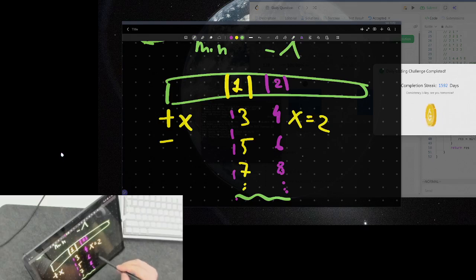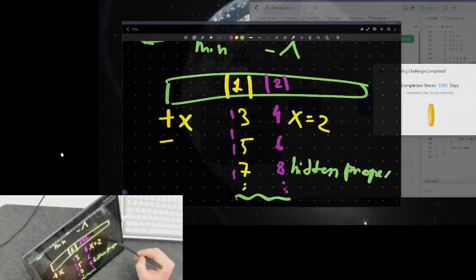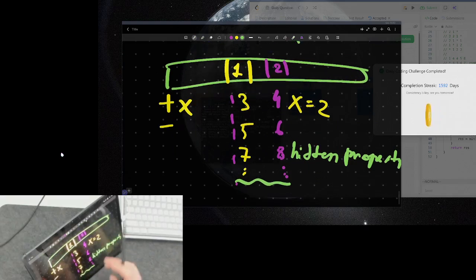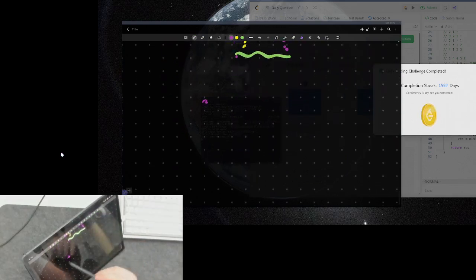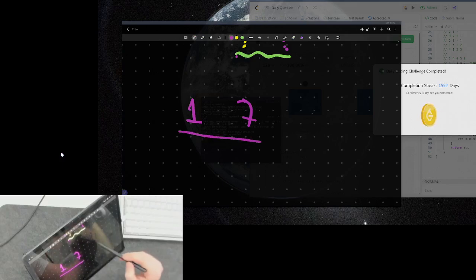There is a hidden property about these sequences of numbers. How can we be sure that some numbers are matching and some never match? So let's look at different numbers, like 1 and 7. These are our numbers, and x, for example, equals 6.